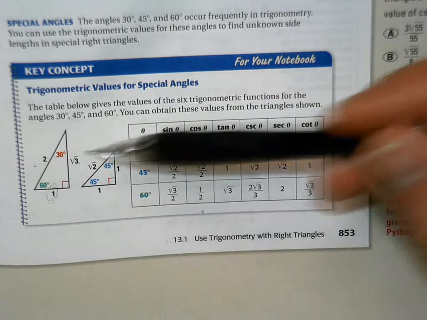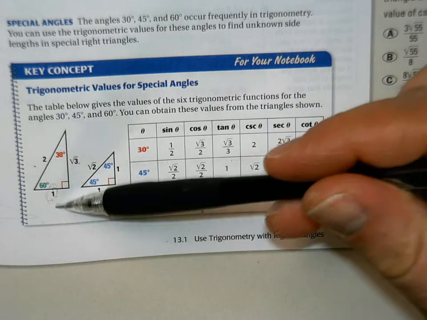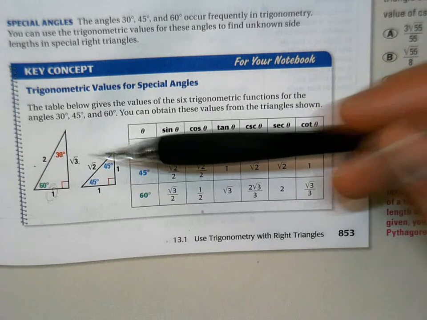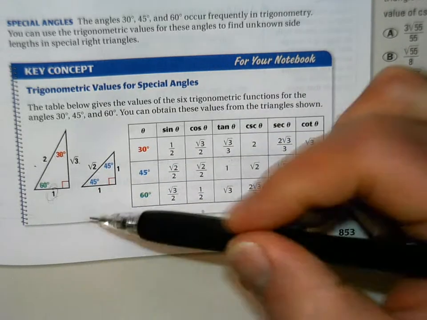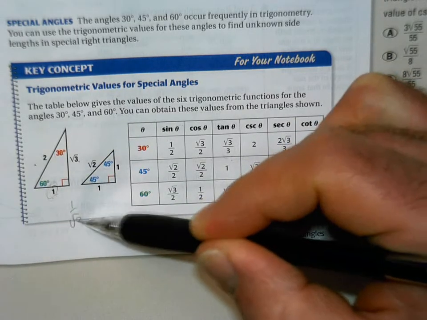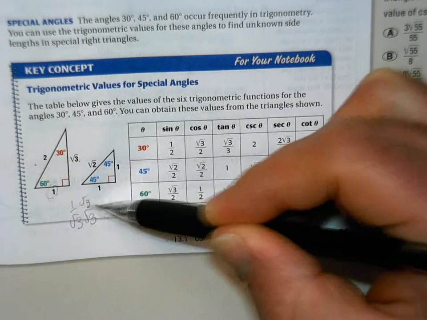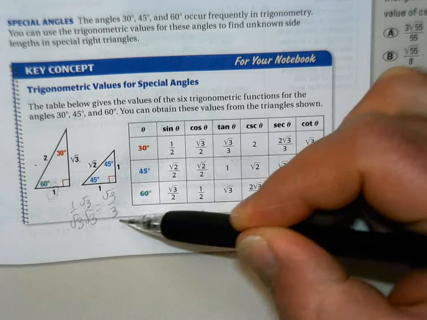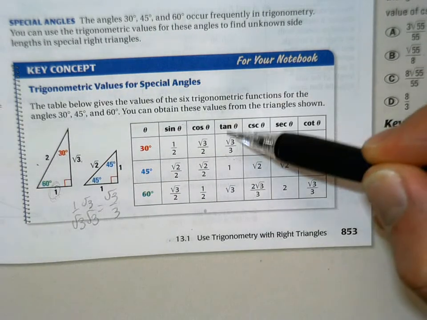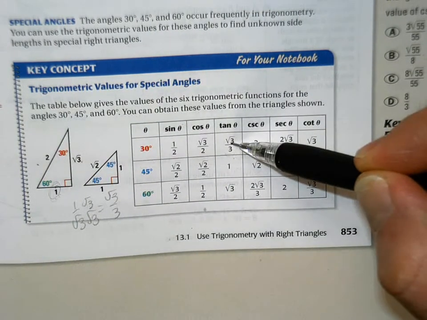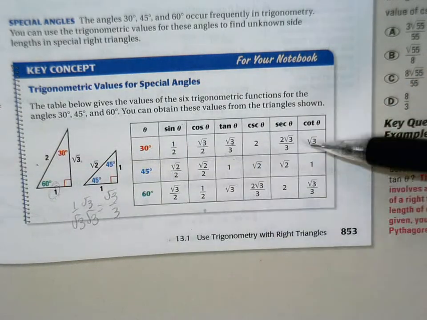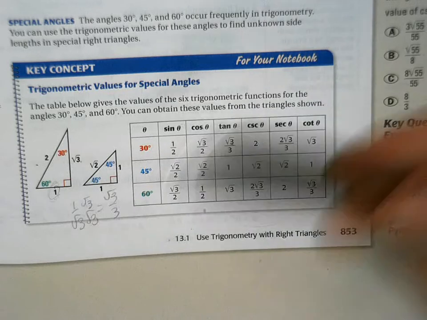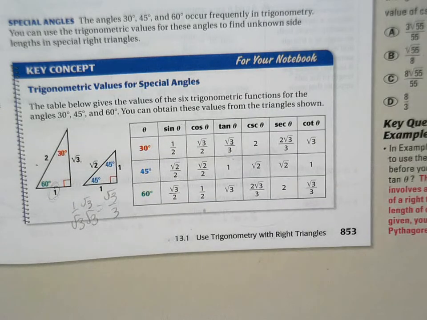Tangent of 30 degrees is opposite over adjacent, 1 over the square root of 3. When I rationalize, I get the square root of 3 over 3. That's where this one comes in here. So you can find all the different ratios of these triangles here. And before long, you'll have these almost memorized, and you'll be able to recreate this table here.